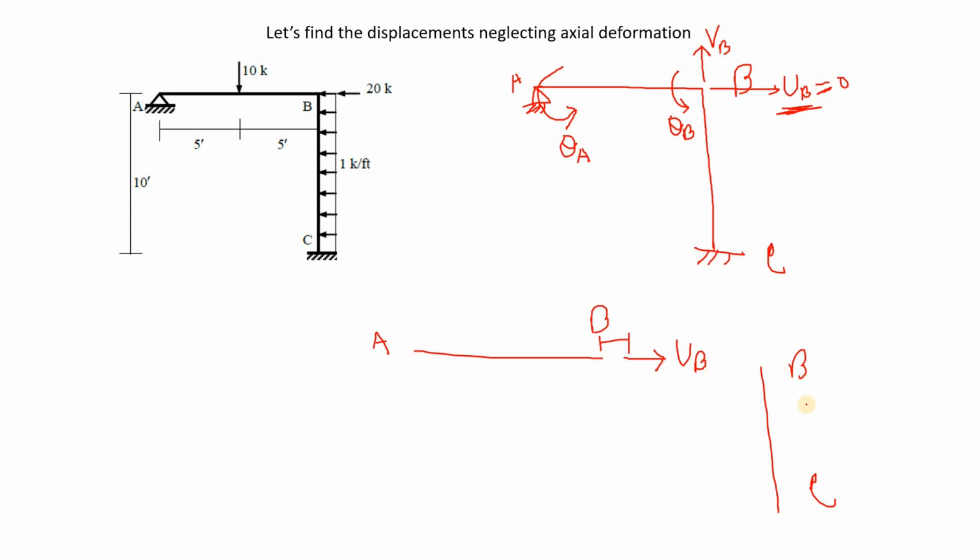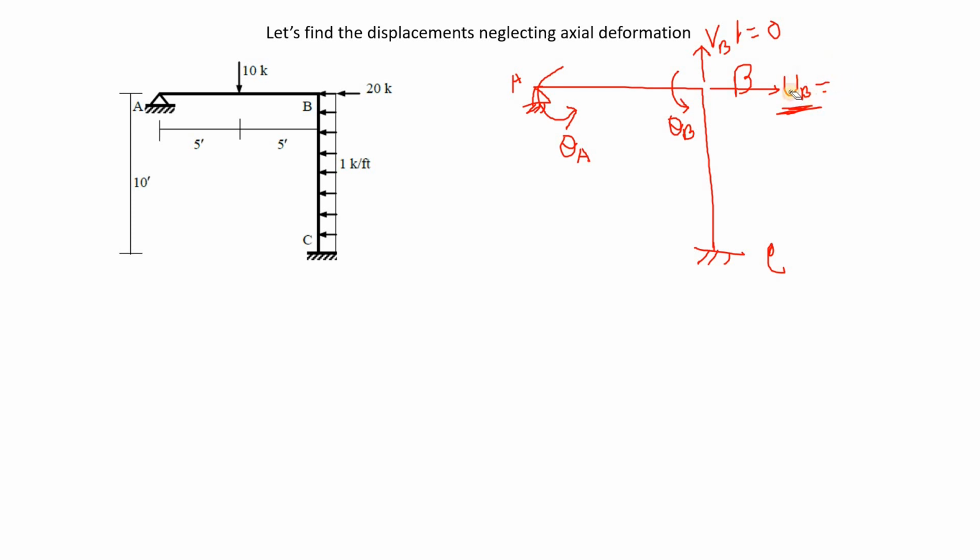And now if we consider member BC, you can see that this VB right over here, there you go, not force, the deflection VB, is causing axial deformation to member BC. So we're also going to consider VB to be 0. If you consider all of those things, you're going to see that we just end up with two unknowns.